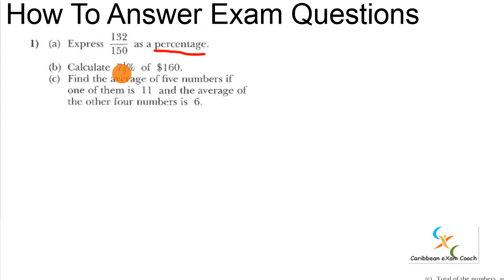You have to calculate 7.5% of 160. That's part B. And part C, you have to find the average of five numbers if one of them is 11, and the average of the other four numbers is 6.